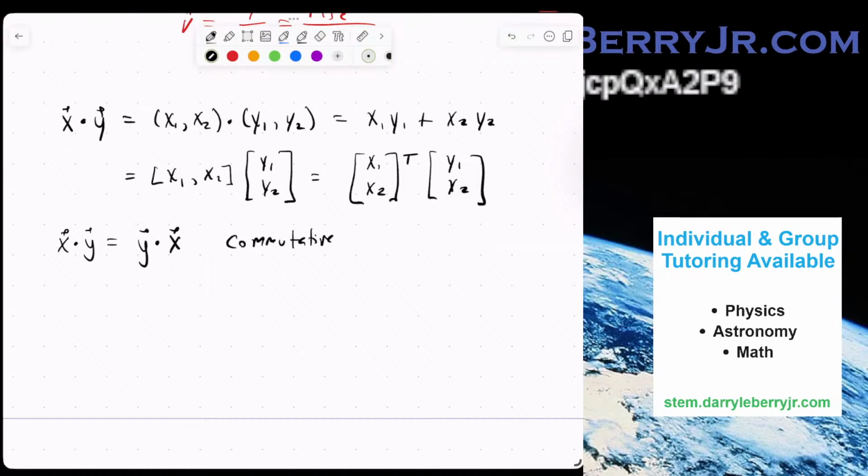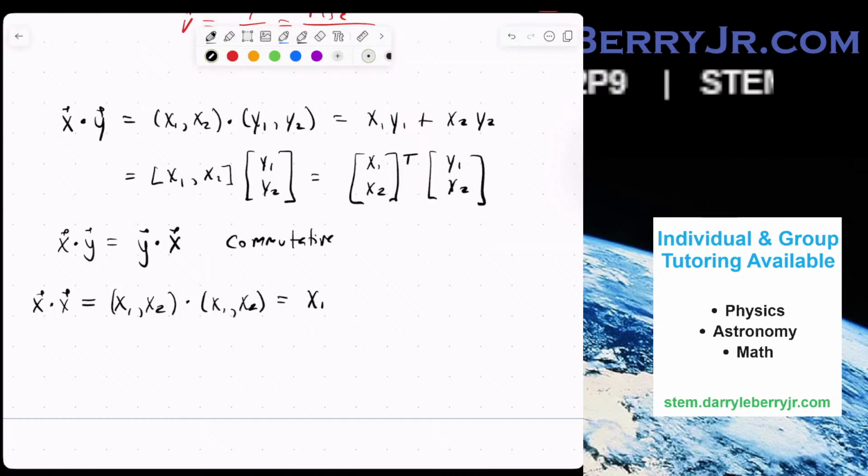So x dot x equals x1, x2 dot x1, x2. So that's x1 squared plus x2 squared. So this is the same thing as the magnitude of x with the square root taken off. So it's like the magnitude of x squared because that takes the square root off the magnitude.